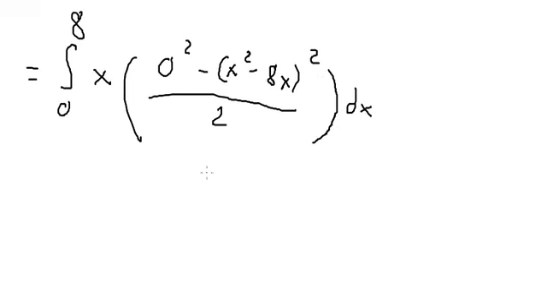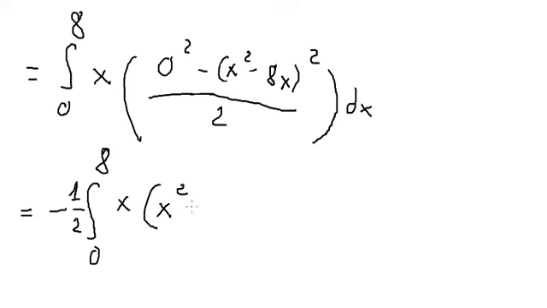Now we need to simplify. And this one we have 0. I will put negative going here. The 2 I will put outside in here. Now we just have x multiplied by x squared minus ax to the power of 2.